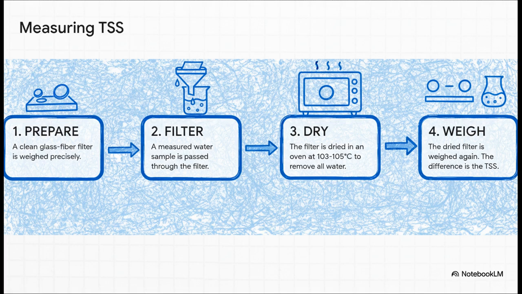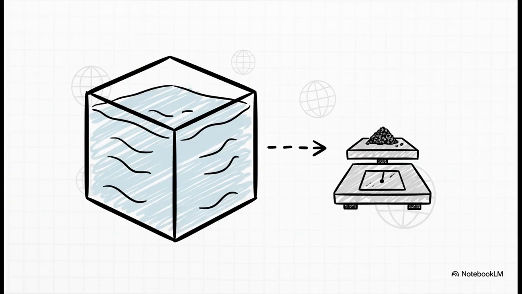The difference in weight between the start and the finish? Bam! That's your total suspended solids. So simple, but incredibly effective. And that final number, that weight, gets reported in milligrams per liter. Using a standard unit like this means scientists and regulators all over the world can be on the same page, they can compare notes and know exactly what they're talking about when it comes to water quality.